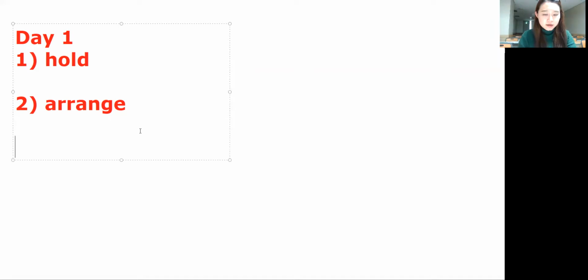Third word, pass. It's an easy word as well. So I link this word to a passage, passage as an aisle or a walkway. I like to teach the collocations and the synonyms to students, the not hard ones, so that they can link them and memorize them in a group. So pass has two meanings.